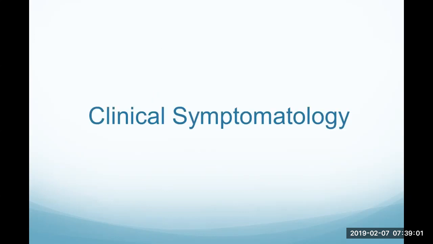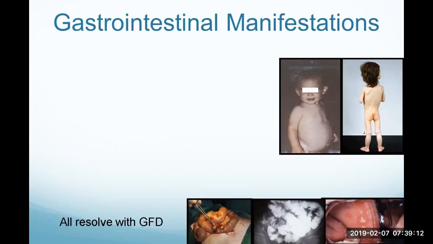So let's talk about how the celiacs, what we commonly call them in the GI world, present. GI symptoms are the most classic presentation of celiac disease, though they don't involve the majority of the patients.